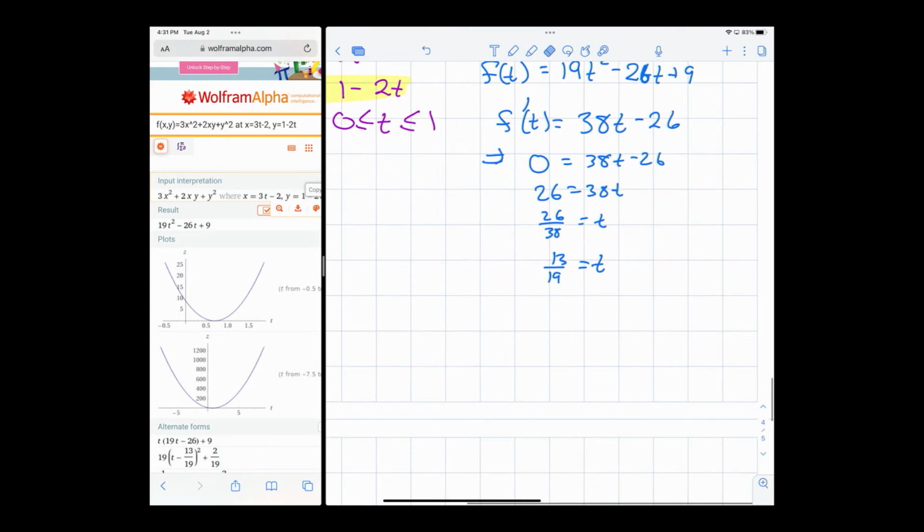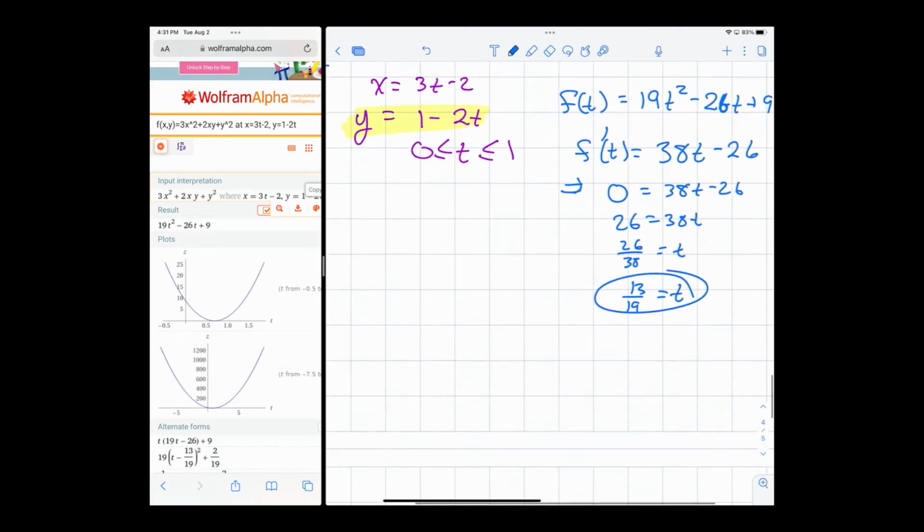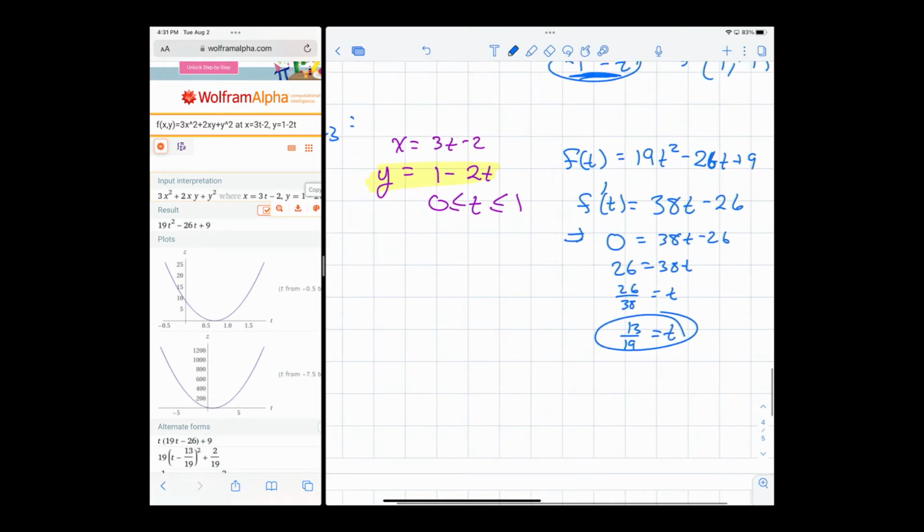Okay, now we have this point that's somewhere on the curve C3. Where is it exactly? Well, we can take that and plug it into our x and our y. So x is 3 times 13 over 19 minus 2, and y is going to be 1 minus 2 times 13 over 19. I'm just going to do this on a pocket calculator again.